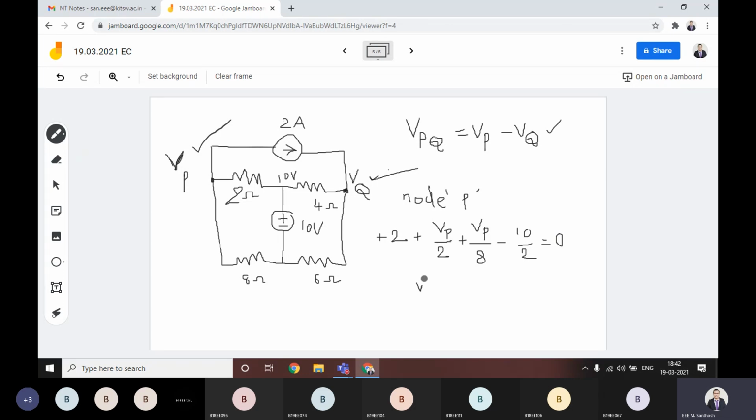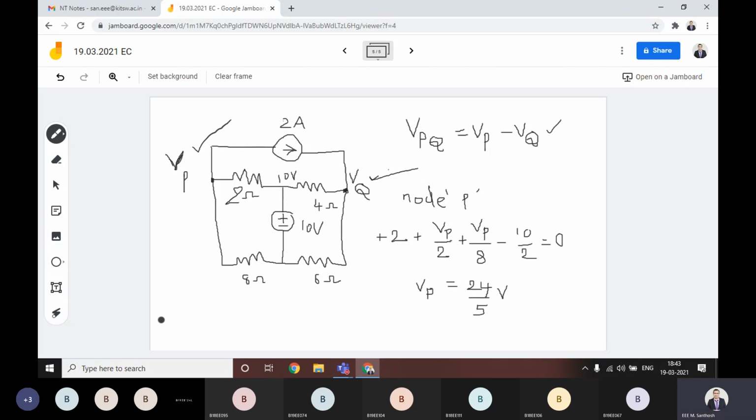You will get the value of Vp from this one. As our friend told, exactly you will get 24 by 5. 4.8 volts. 24 by 5 or 4.8, both are same.